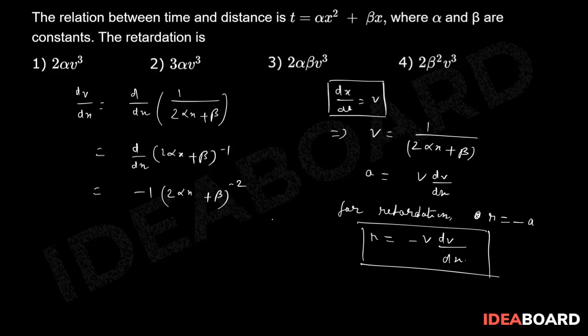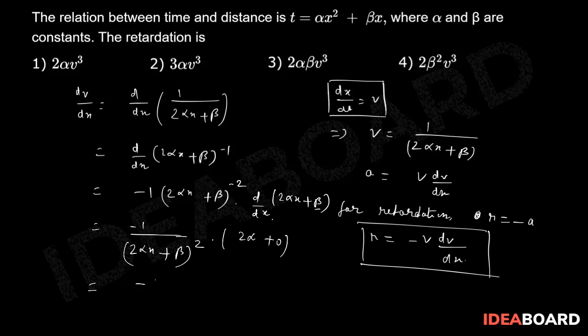Correct? And then of course we need to differentiate d upon dx of 2 alpha x plus beta also. So now this will be minus 1 upon 2 alpha x plus beta whole square, into, if you differentiate this one, this will give you 2 alpha plus 0, because there is no x, so beta is a constant. So we finally obtained that this is minus 2 alpha upon 2 alpha x plus beta whole square.